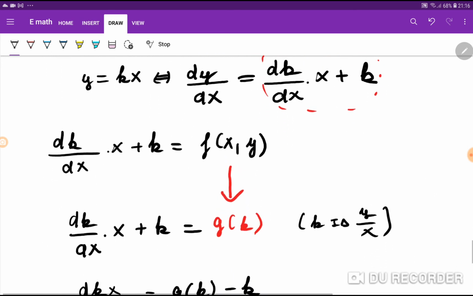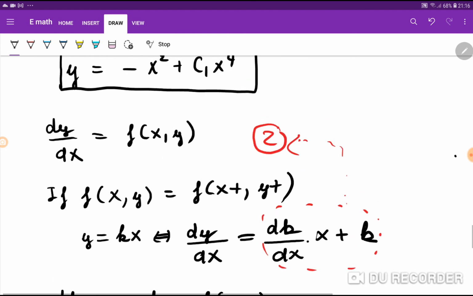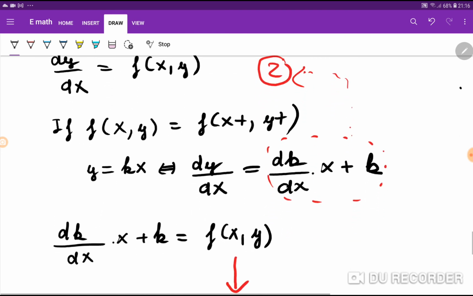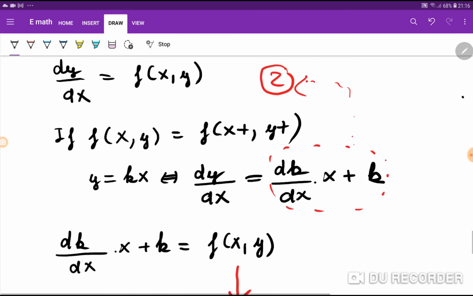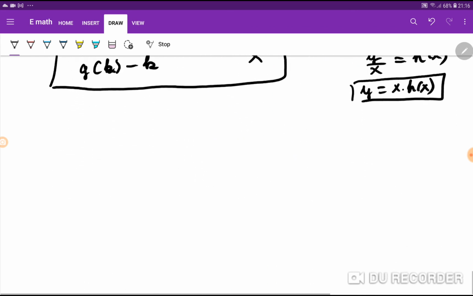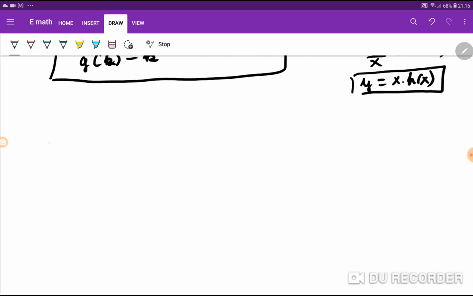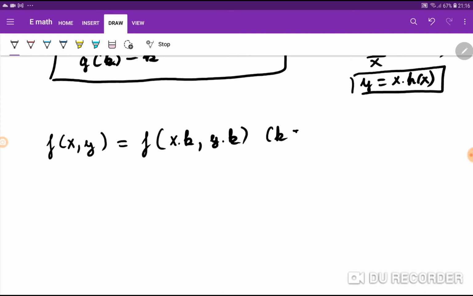Let me demonstrate to you, because I think it's kind of interesting. I'm not sure if I do it correctly or not, but I'm going to show it to you guys. So I'm going to prove something for you. Let's say you have f(x, y) equal to f(xk, yk), k is constant.